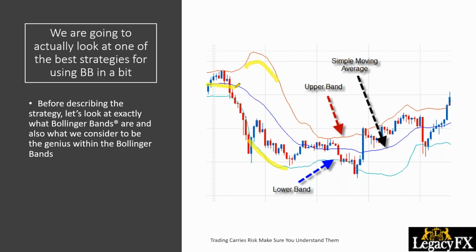They are based on a 20-period moving average that is then calculated 2 standard deviations above and 2 standard deviations below, forming the upper band and the lower band. And it's said everything and anything you need to know about price or making a trade is contained within these bands.